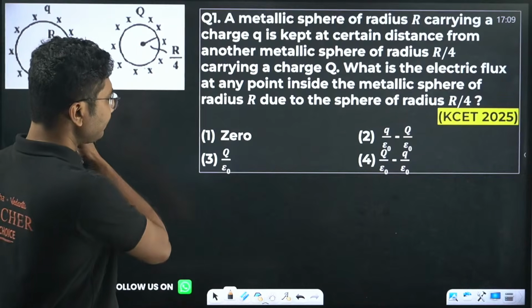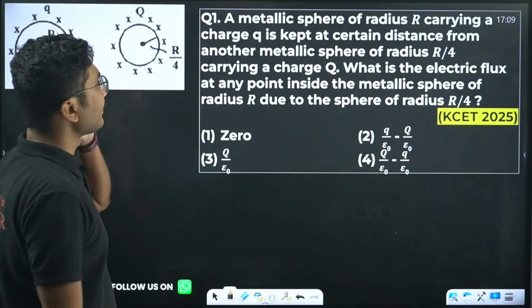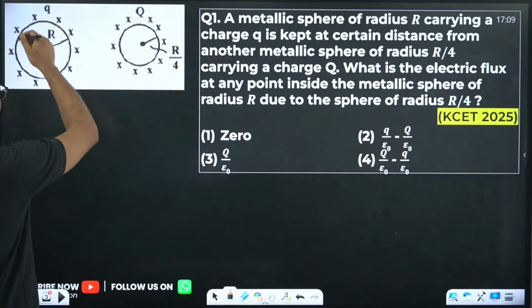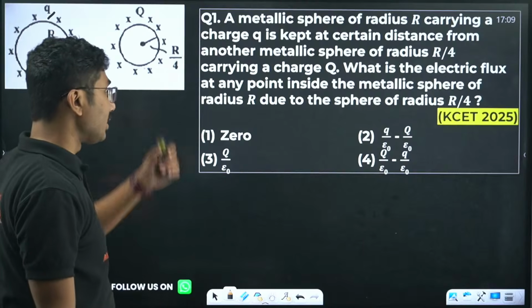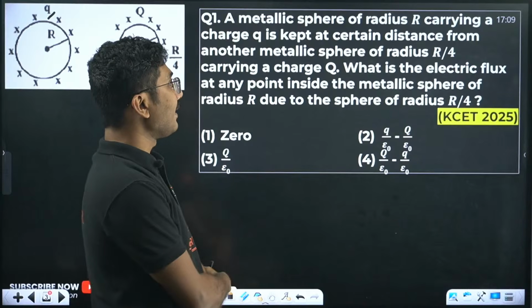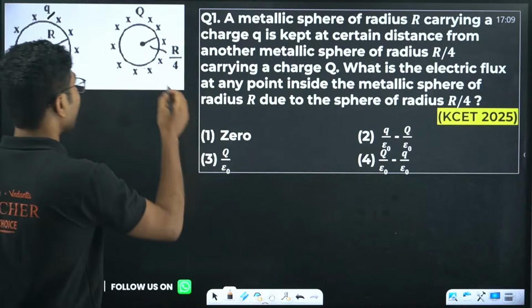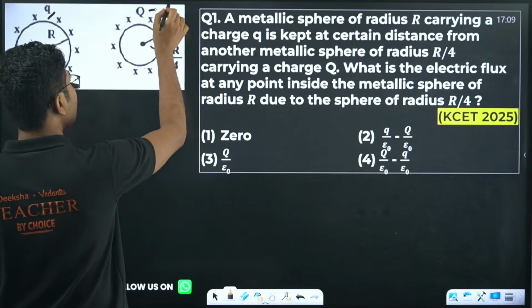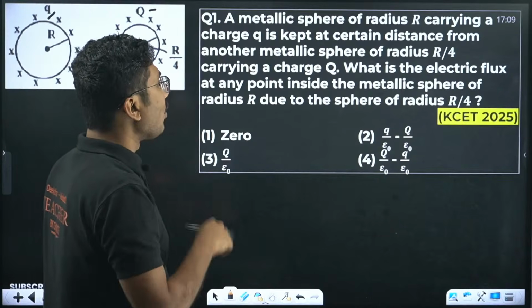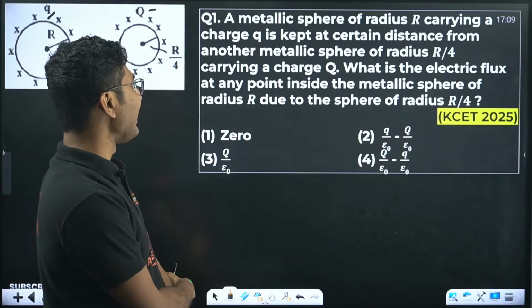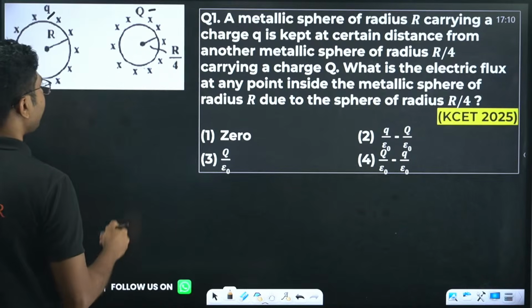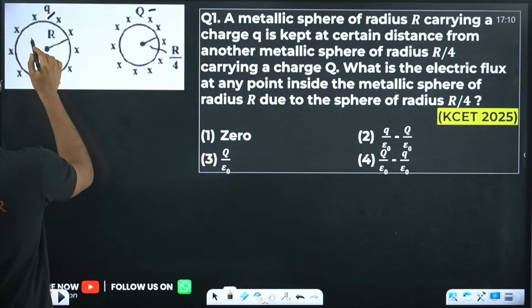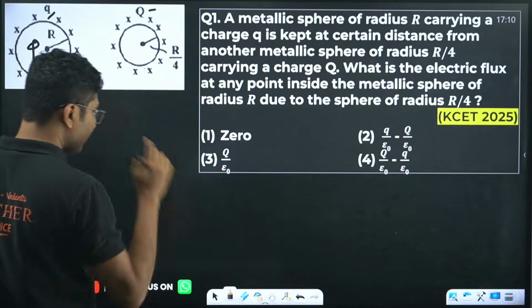Here we have a metallic sphere of radius capital R with a charge of small q, and another sphere of radius R by 4 with a charge capital Q. What is the flux inside this due to this sphere? So that is the question.